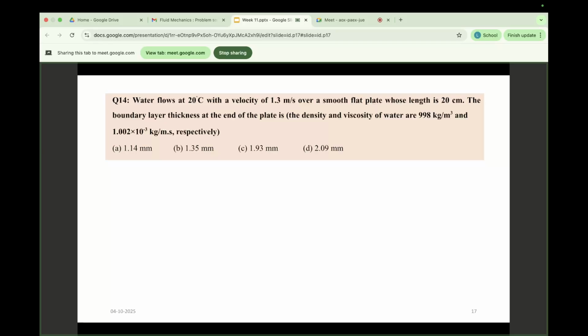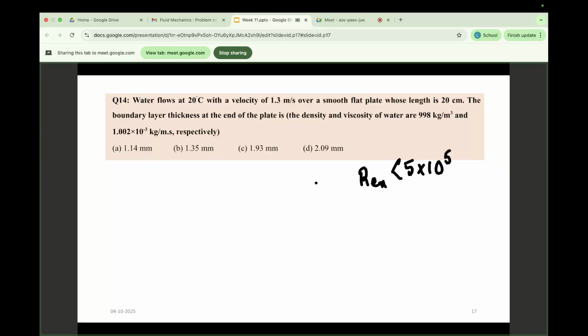So just check. For a laminar boundary layer, not laminar flow, I am talking about the laminar boundary layer, the Reynolds number should be less than 5 into 10 to the power 5. This should be the value.